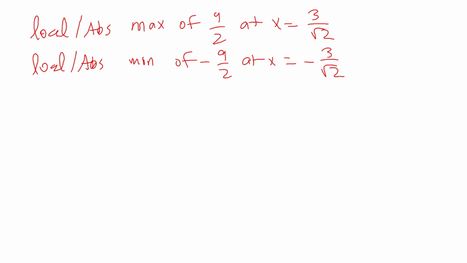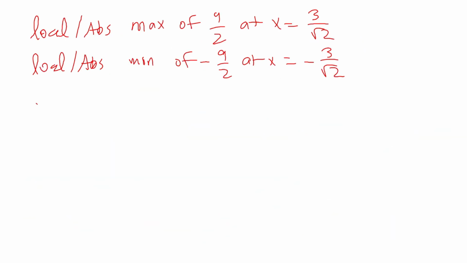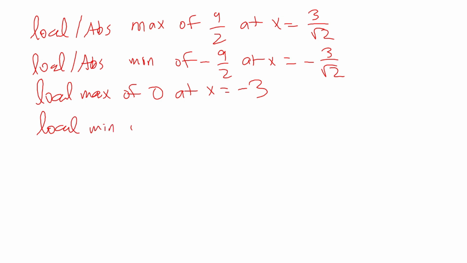And if we think about this too with our sign chart, we've got a local max at -3 and a local min at 3, right? Because those are our endpoints. So we're going to say we have a local max of 0 at x equals -3 and a local min of 0 at x equals +3.